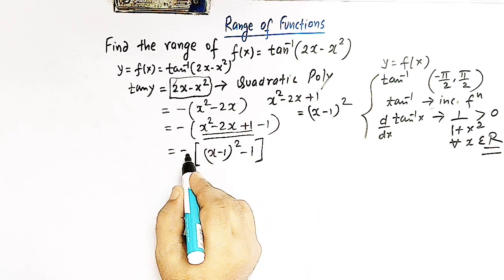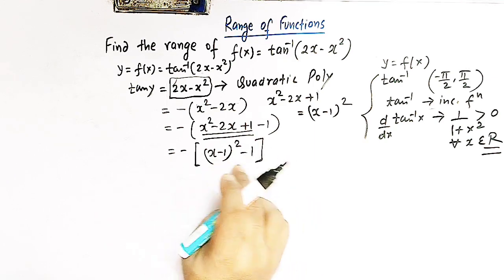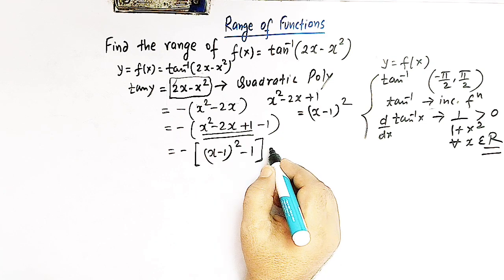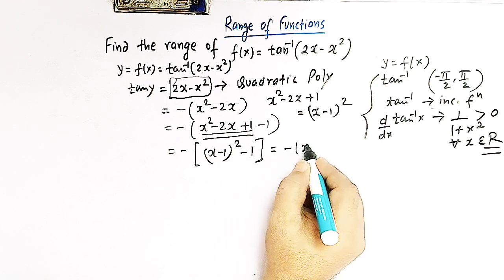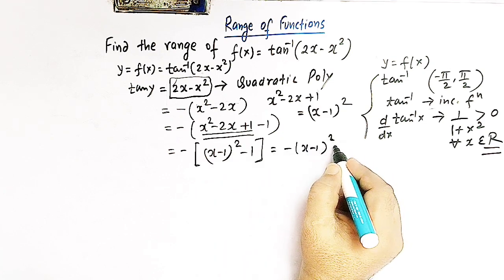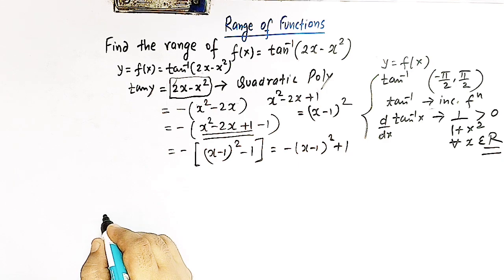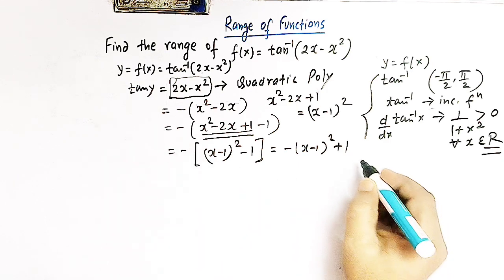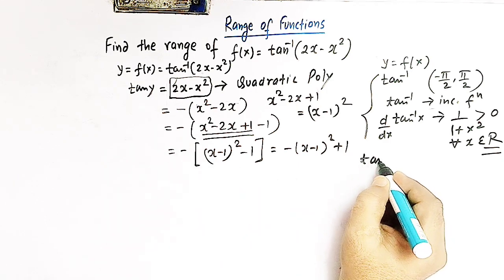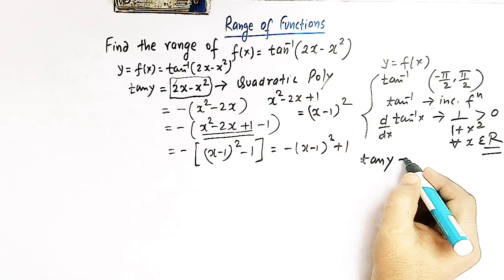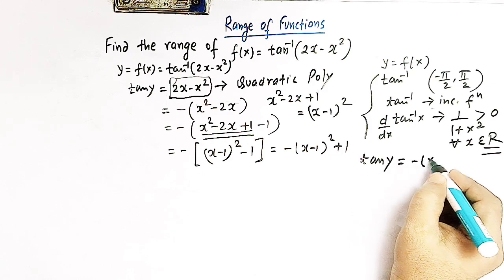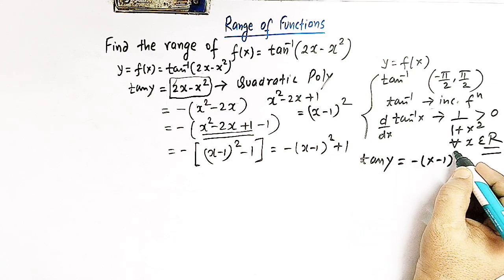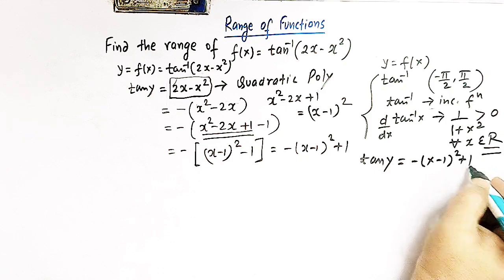Now multiplying these two terms by this negative sign, we have minus (x minus 1) square plus 1, right? So what we have done here is expressed tan y as minus (x minus 1) square plus 1.